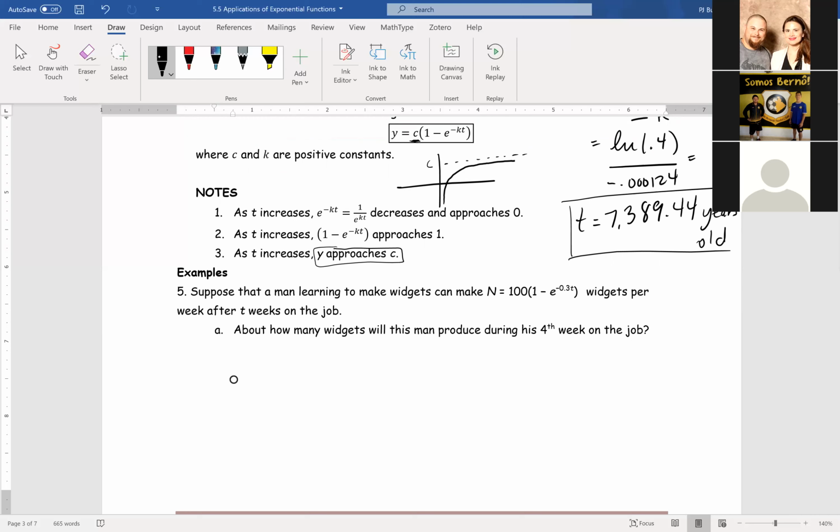All right, so here's what I was talking about earlier, right? We got a man making widgets, which is the definition of some made up object. He says he can make this amount per week after t weeks. So how many widgets will this man produce during his 4th week? Well, we just plug 4 in.